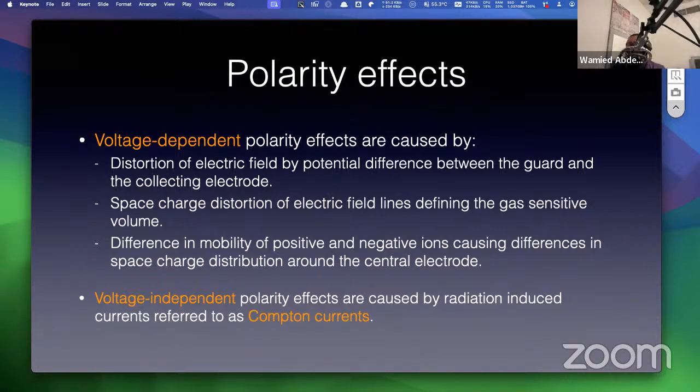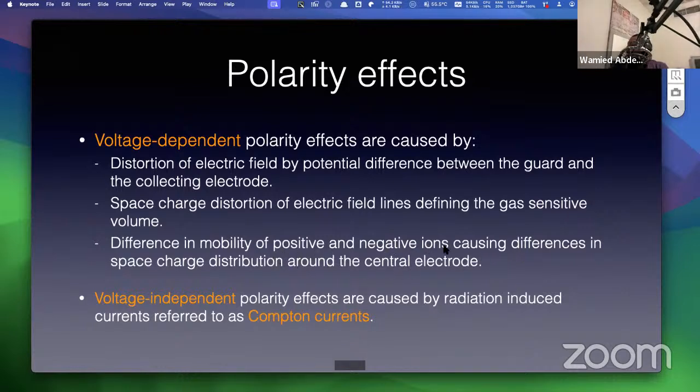Again, how much distortion happens depends on the magnitude of the electric field. Usually, if the electric field is high, there should be a lesser effect on the distortion.